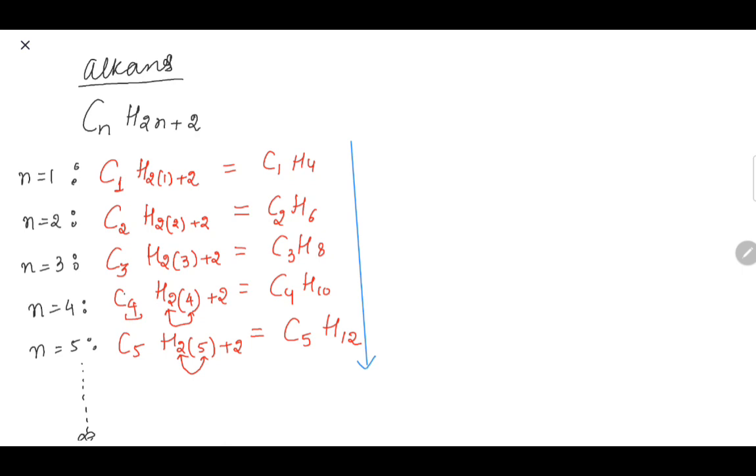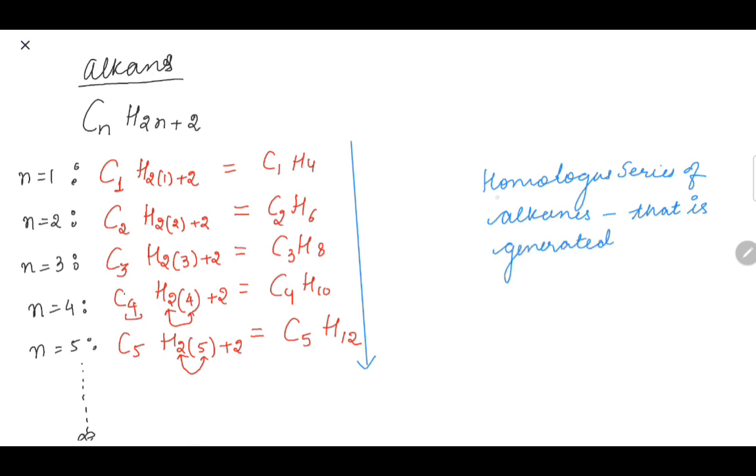Are you understanding? When they're all following the general formula of alkanes, what would that mean? That this is a homologous series of alkanes that is generated.